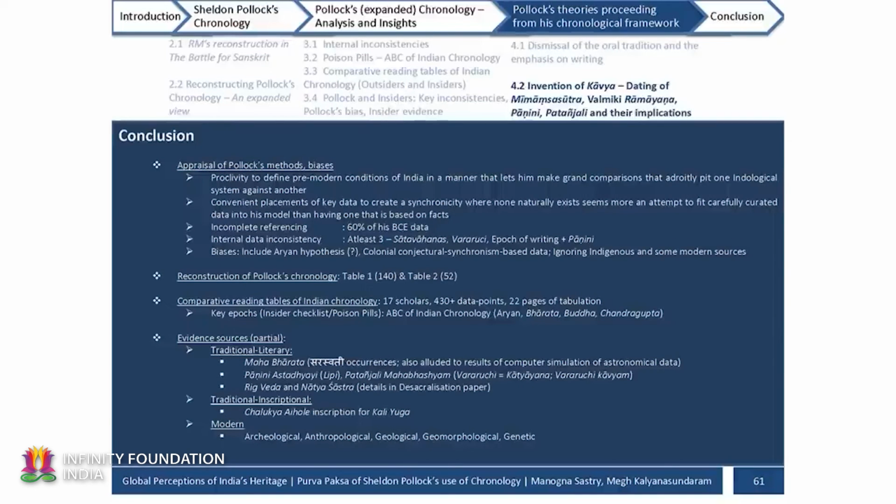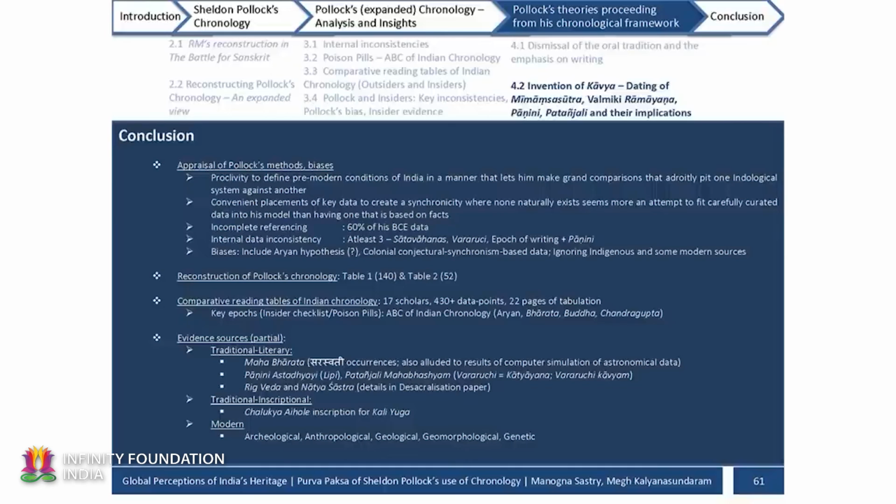Another word that we should remember is it is carefully curated data, rather than one which emerges from facts. As we have shown in the paper, he does this. His treatment of data includes incomplete referencing, inconsistency, sometimes even omission. And he has not made his stand clear on several conjectures, including the Aryan one, as well as ignoring indigenous and sometimes even hard evidence-based sources.